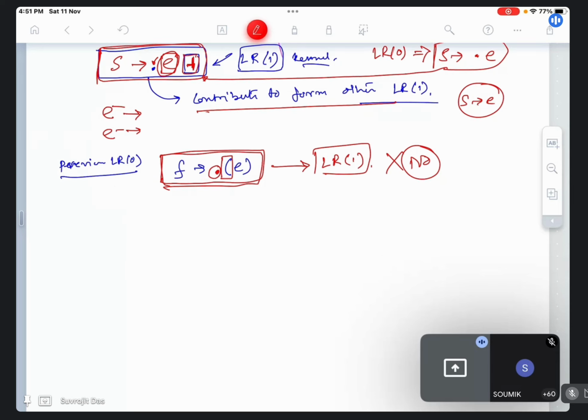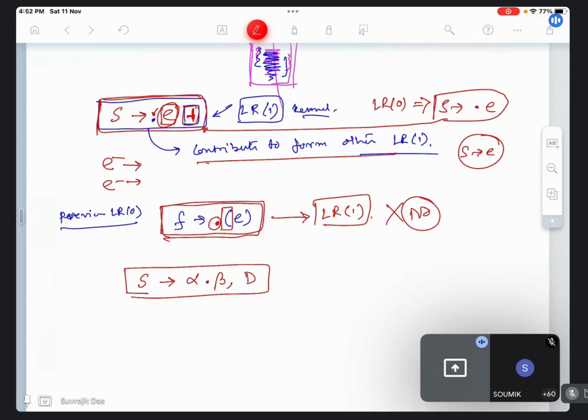So how does an LR1 item look like? So you can say that it looks like S goes to, so again our generic way of saying things in grammar notations. So this is one LR1 item, right? So the LR0 items look like this. There is a left hand side, there is a right hand side.